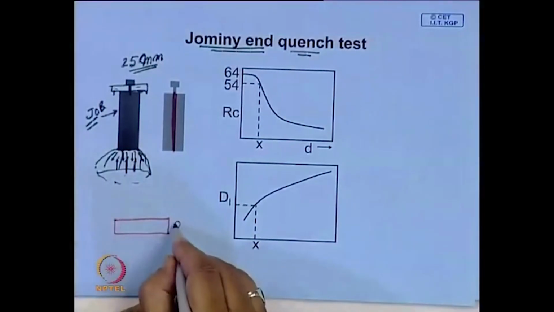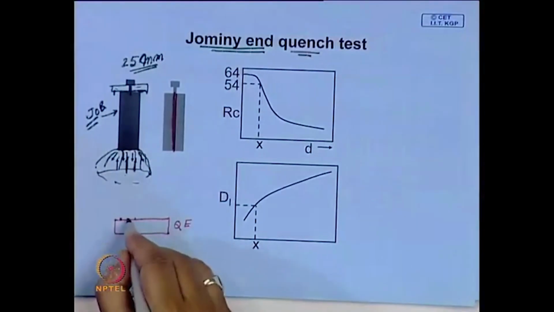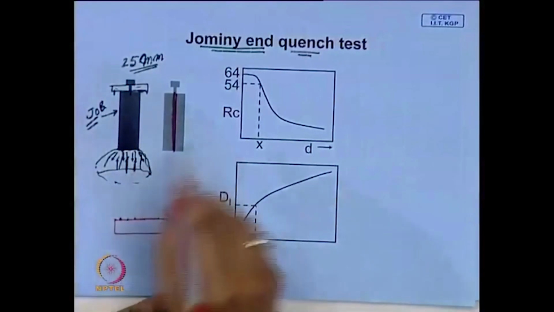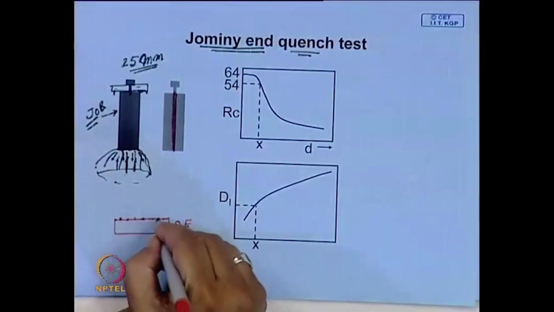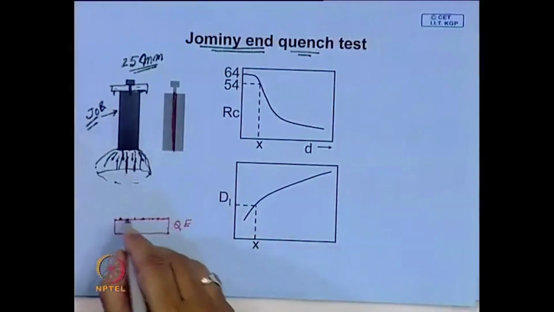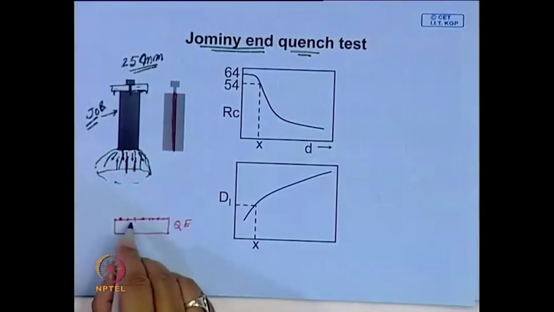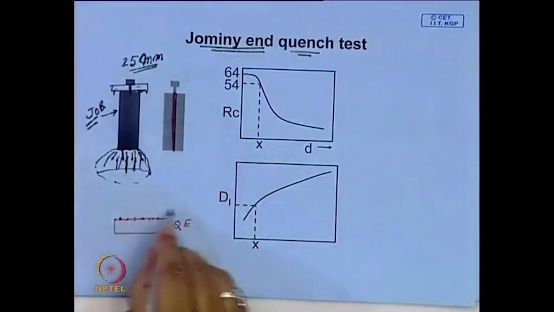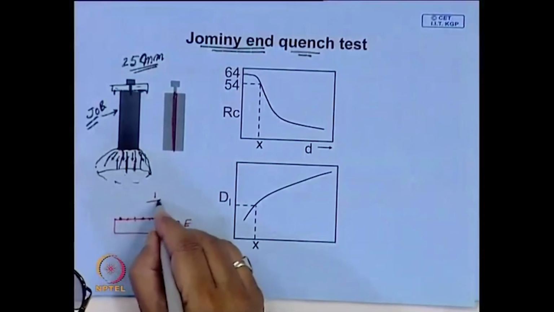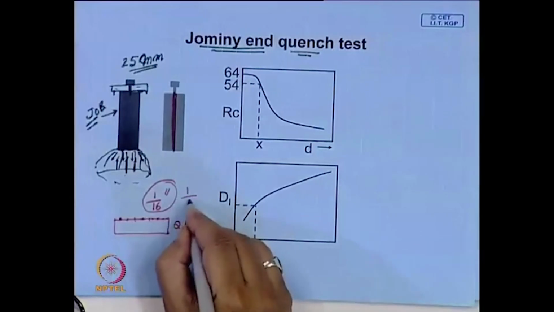So, this is the quenched end, you start measuring hardness from this end at some regular interval. There are stages which can be mounted on the Rockwell hardness testing machine, and by rotating one cycle you can move the job by a fixed distance, and usually this distance is maybe 1/16 of an inch or 1/8 of an inch.